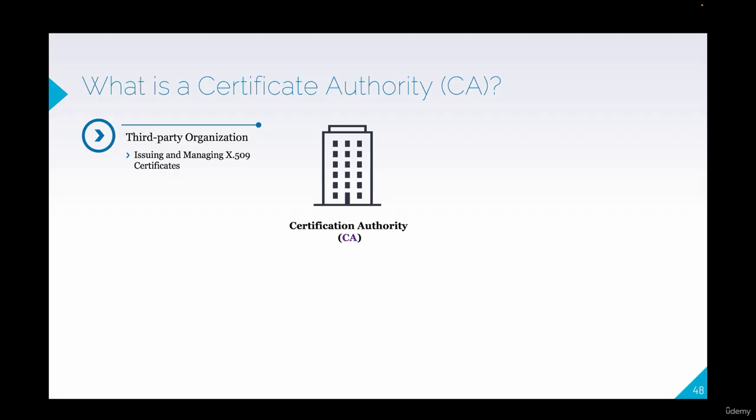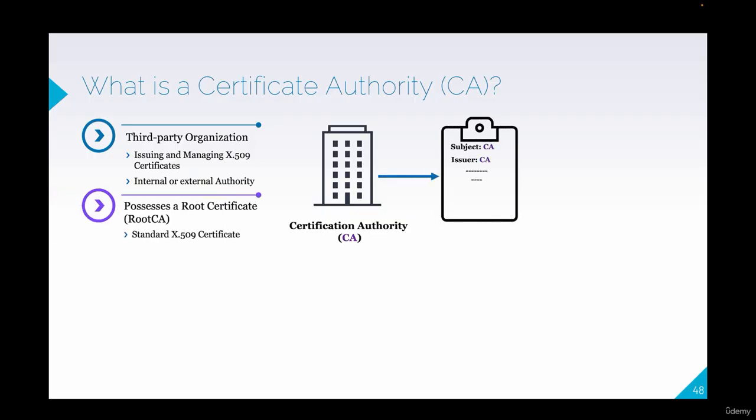A certificate authority is a trusted organization responsible for issuing, signing, and managing digital X509 certificates. This organization can be an external third party such as trusted certificate authorities like DigiCert, GlobalSign, and Let's Encrypt, or an internal certificate authority used within an organization that already has a public key infrastructure in place.